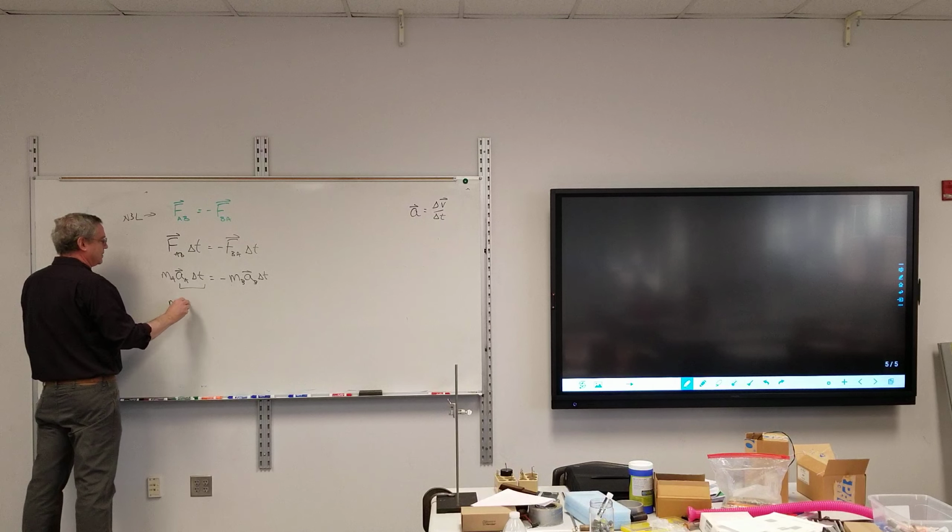So if I let P equal MV, my equation becomes PA final minus PA initial, and they are still vectors, is equal to negative PB final plus PB initial. Now, at this point, there are two paths to take.